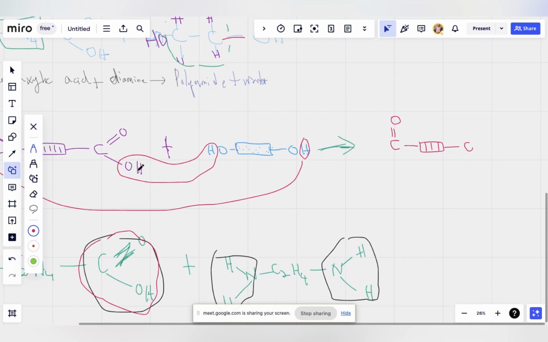This OH and this H form water. This H and this H, and similarly this H, also form water. So what we have in the end is a double bond to O. Same here, double bond to O.